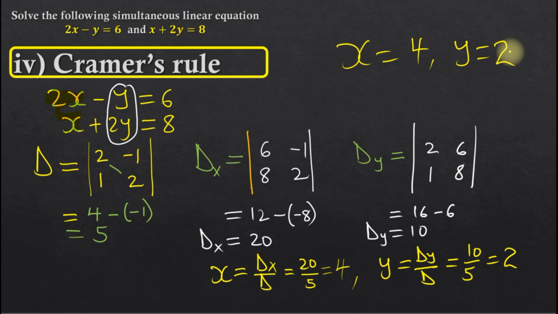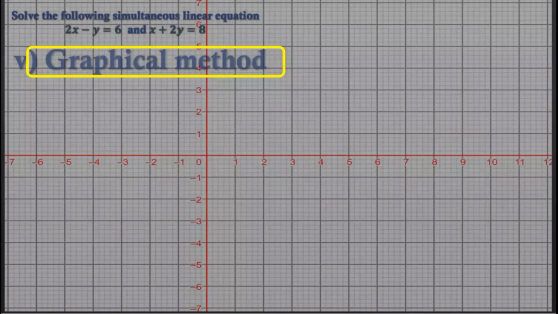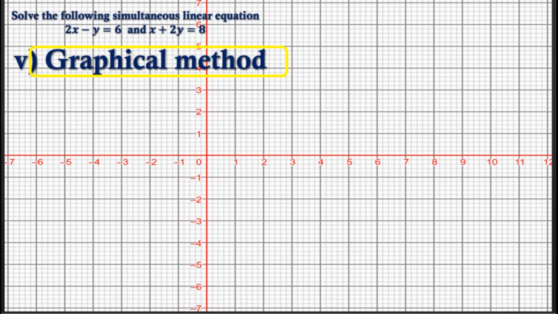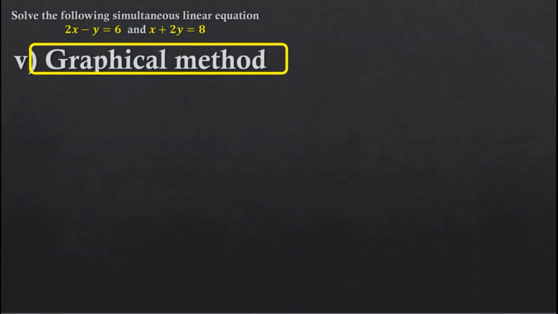So finally, we shall go to the last method, which is the graphical method. Here we have a grid whereby we are going to plot the two linear equations, and the point of intersection will be the solution of x and y.